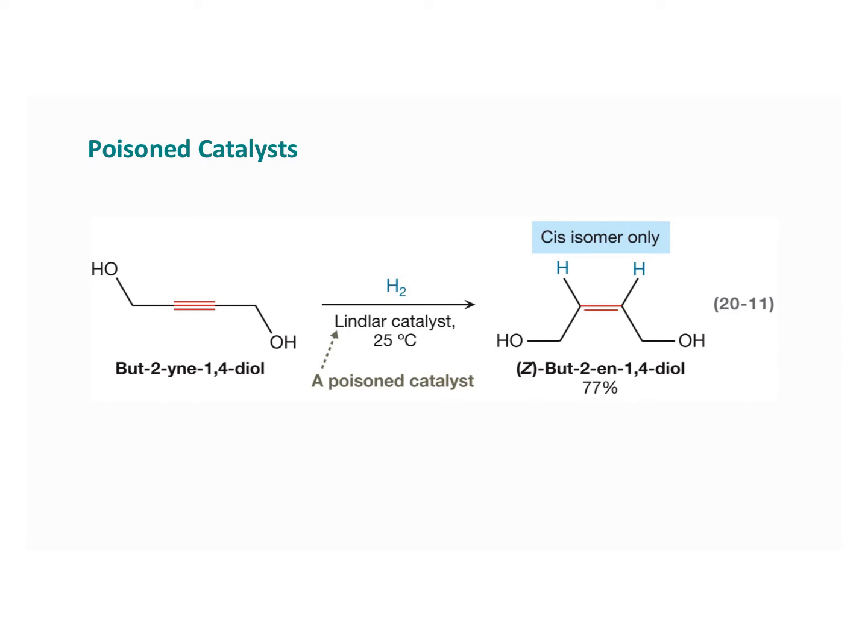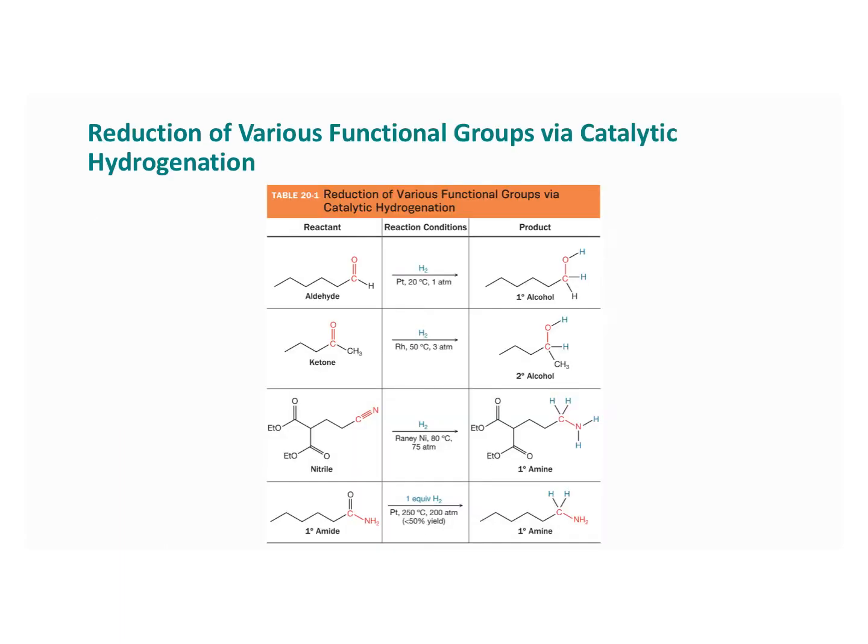Catalytic hydrogenation is not just limited to alkenes and alkynes. A variety of other functional groups can also undergo catalytic hydrogenation. Pay attention, though, to the typical experimental conditions they require.